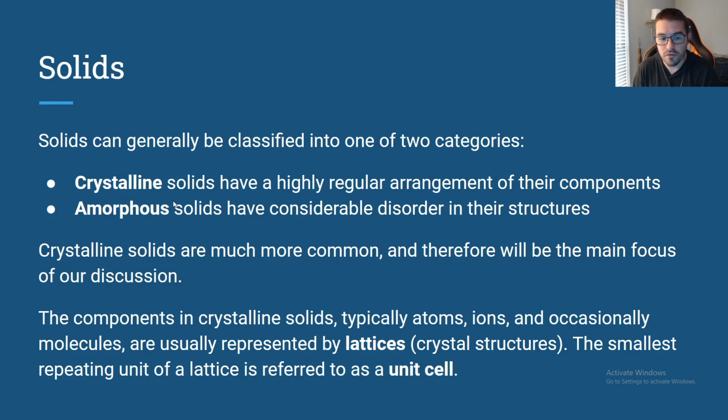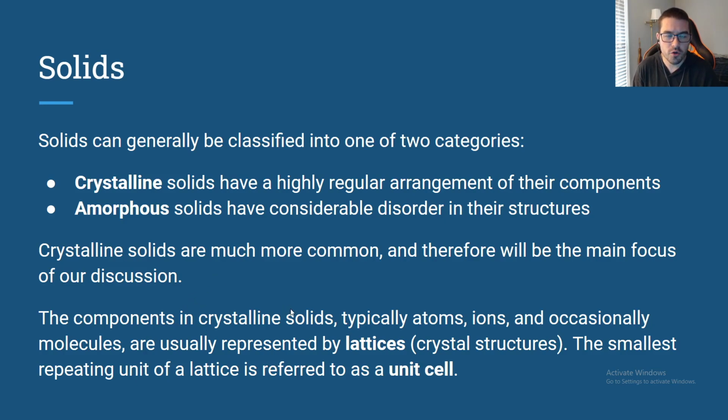In fact, most solids are crystalline solids, as we'll see. Amorphous solids have considerable amounts of disorder in their structure. These are not nearly as common. In class, if you are interested, I can tell you more about some select examples of amorphous solids. But like I said before, crystalline solids are much more common, and so they're going to be our main focus for our discussion today.